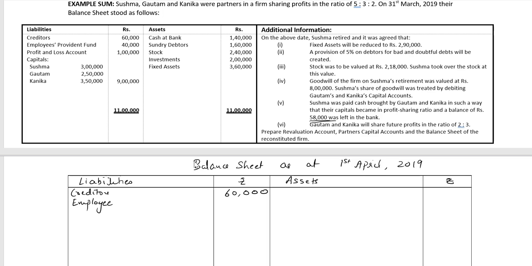Employees' Provident Fund, 40,000 rupees. No change in value. The profit and loss account has been distributed. We'll write the capital accounts of the remaining partners, Gautam and Kanika.